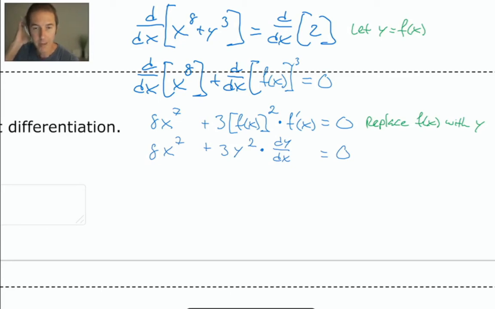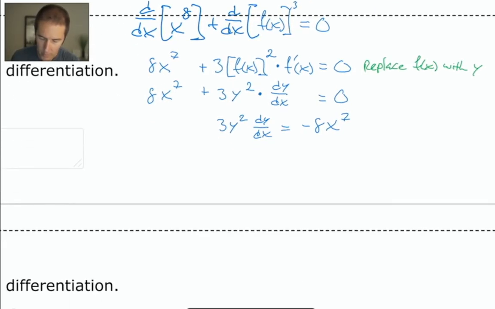All right, from here, it is just arithmetic. We need to solve for dy dx. I'm going to subtract 8x to the 7 from both sides. And then I will divide both sides by 3y squared.